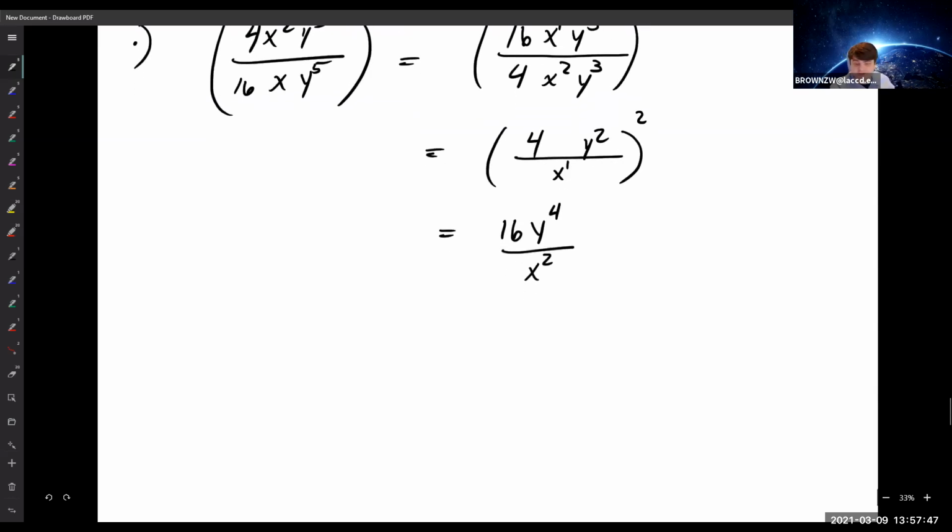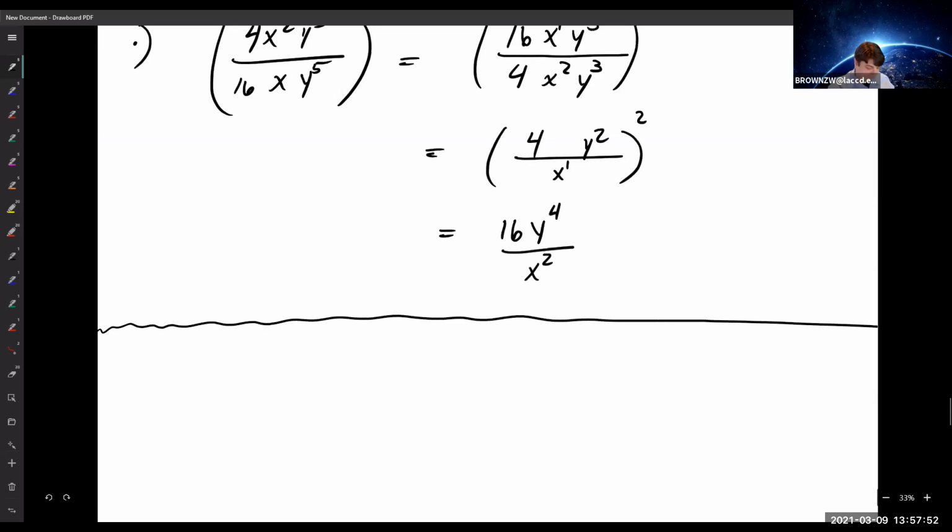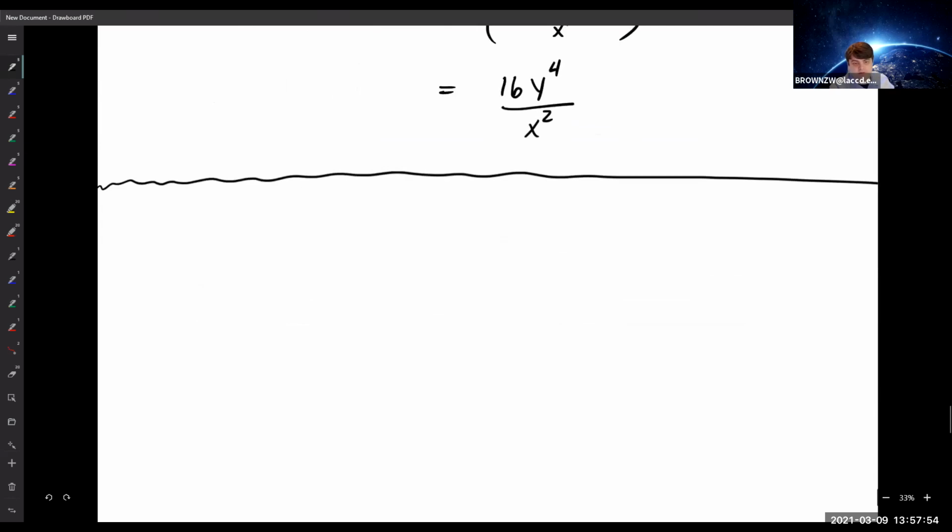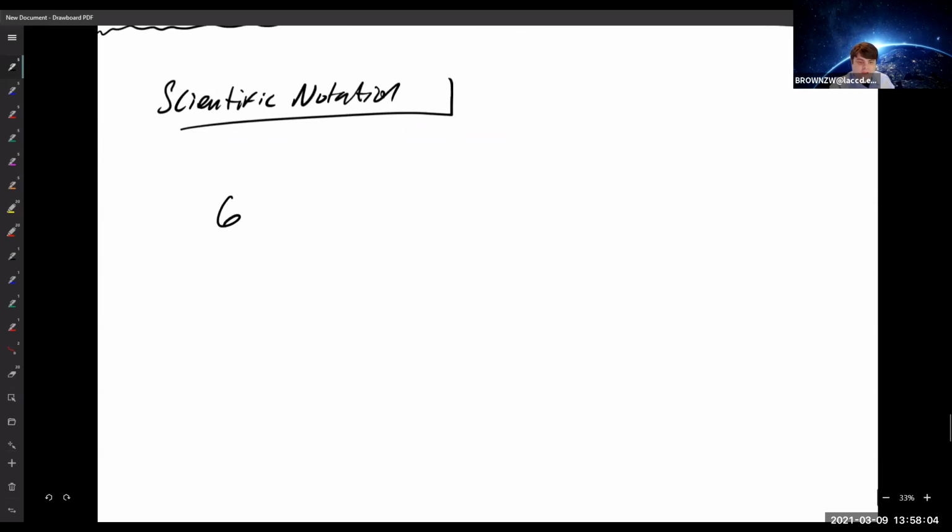All right, so the actual application of this and where you'll see this in your other classes is in what's called scientific notation. And really, scientific notation comes from dealing with numbers that are really, really big and really, really small.